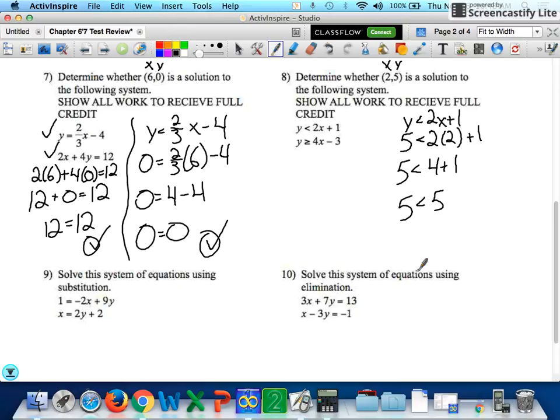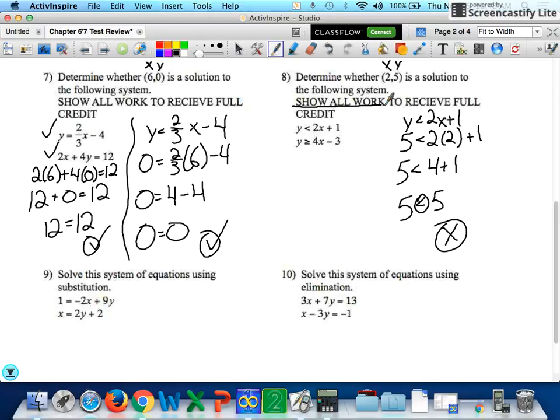Okay? 5 is less than 5. This is where it's tricky because a lot of people look and go, oh yeah, because on the last one when they were equal to it worked. But these are inequalities, and specifically this is just a less than inequality. 5 is not less than 5. So this is wrong.